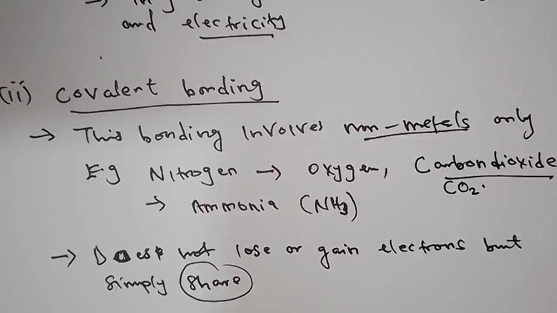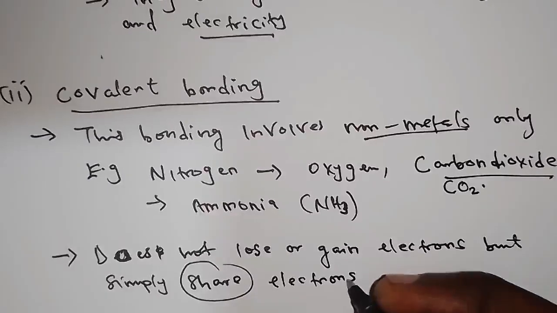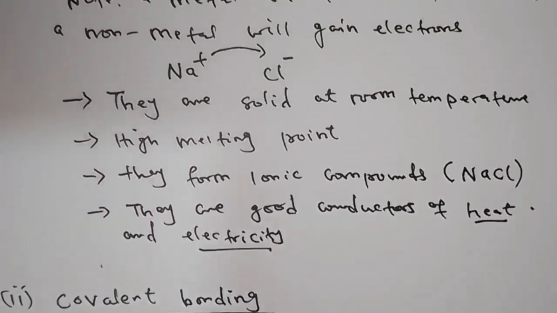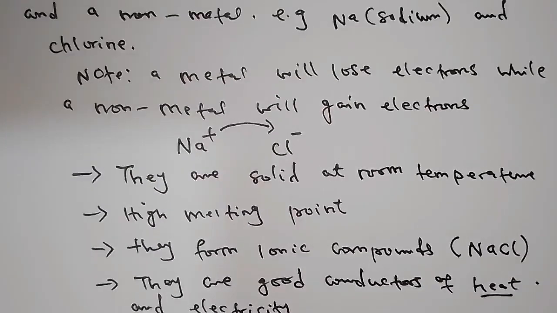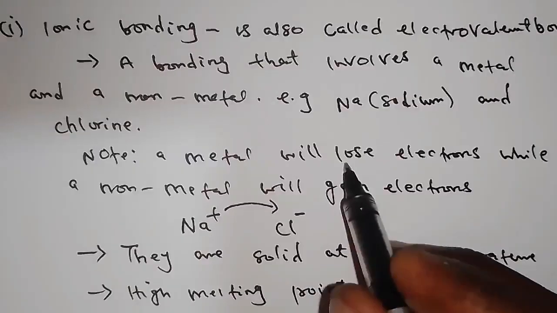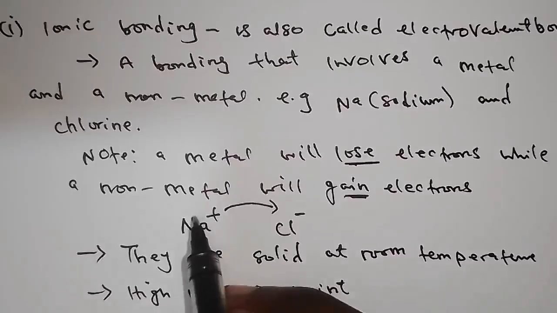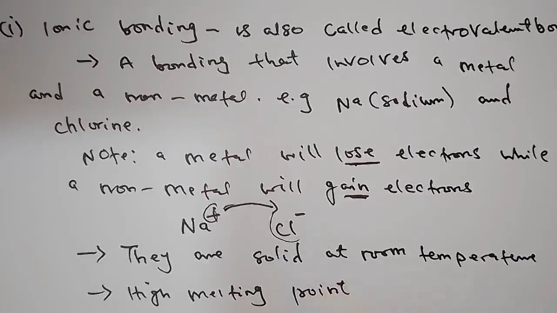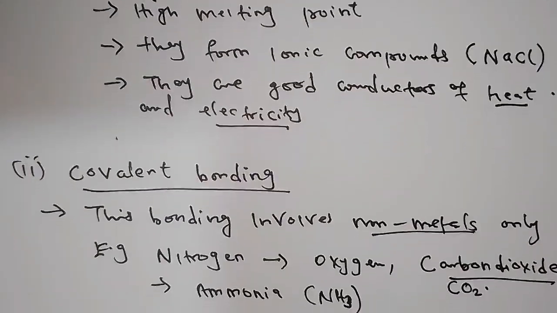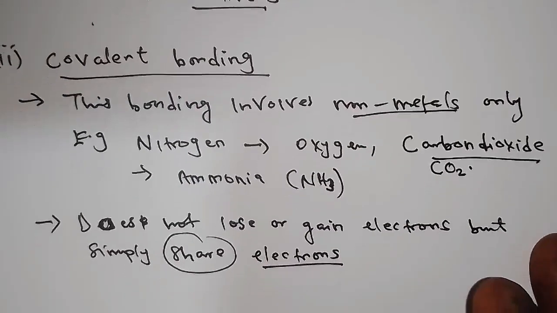So the key concept is sharing the electrons. They only share the electrons as opposed to losing and gaining. Remember that in ionic bonding, there is a losing and gaining of electrons, transferred to the nonmetal. In the next video, we'll look at how that happens normally. Like I said, make sure you check the videos out. Some of these things are there.